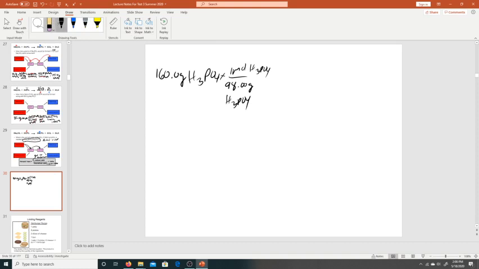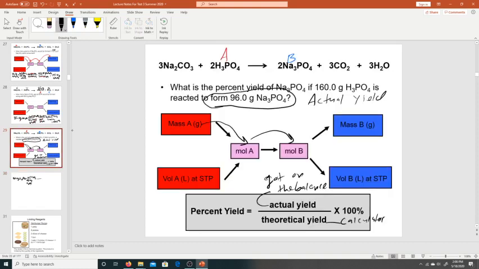So now it's B over A. The mole ratio is B over A. We're trying to find the percent yield of sodium phosphate, so it's going to be 2 over 2: 2 moles of sodium phosphate over 2 moles of phosphoric acid.